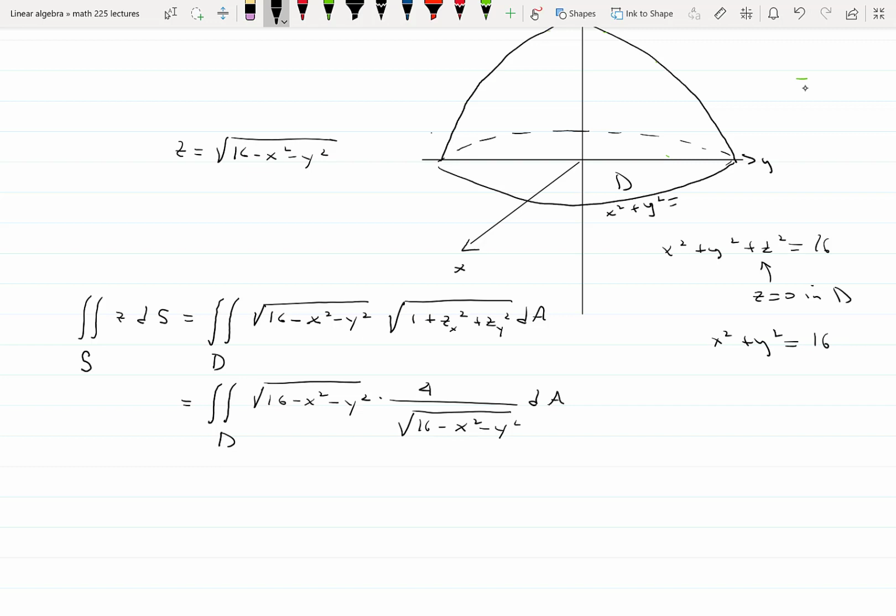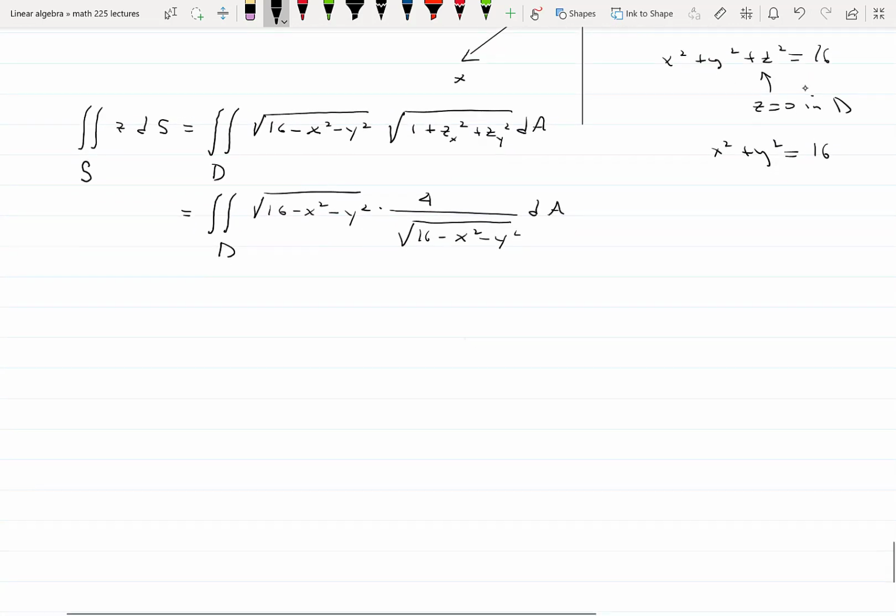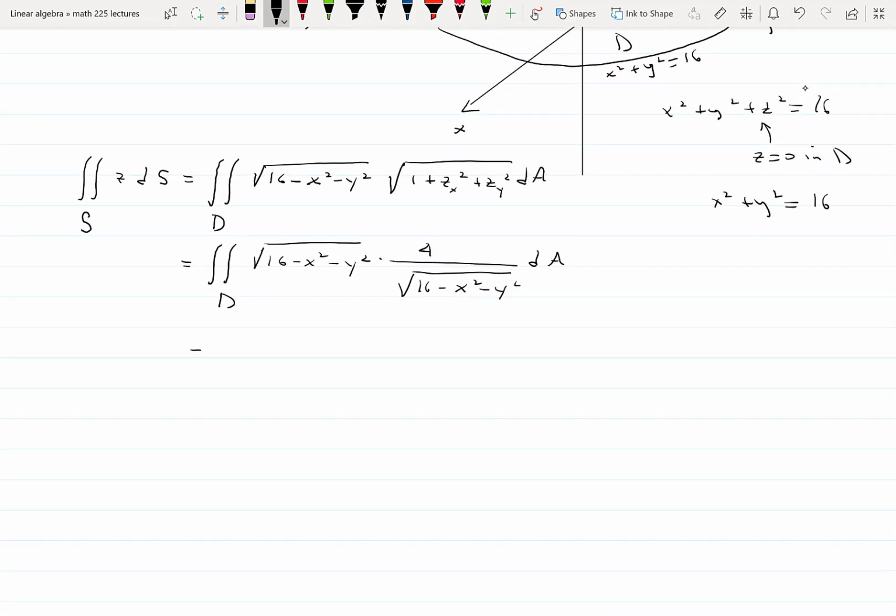That's the region over which we will be doubly integrated. Now look what happened here. Something nice happened here, which doesn't always happen. For our first example, I wanted it to happen. The square root of 16 minus x squared minus y squared cancels, and we just have 4 dA.